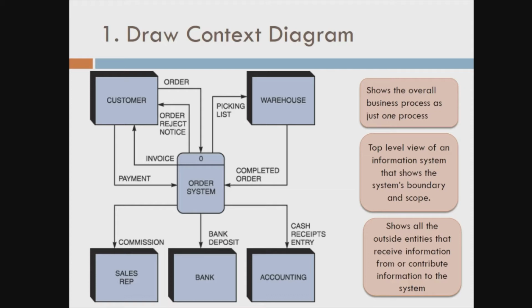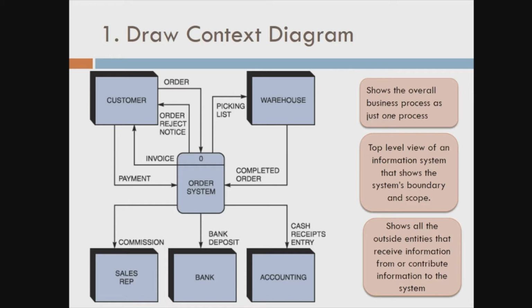So in this example, we create the ordering system. In the order system, it involves the customer as an external entity, and then the warehouse as an external entity that will provide the input and receive the output.